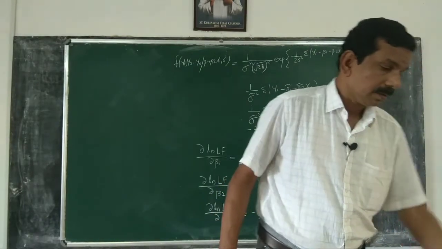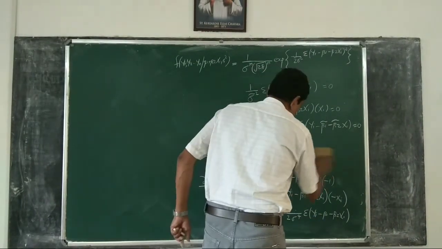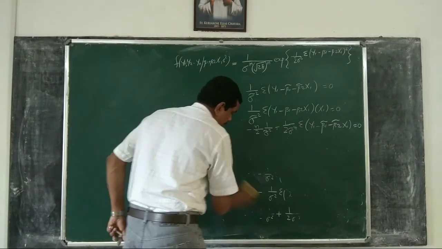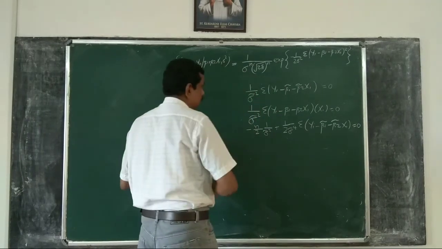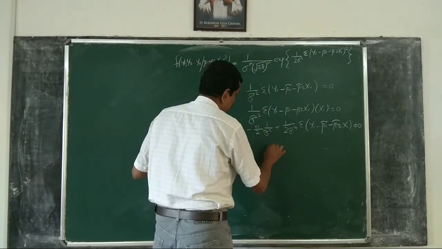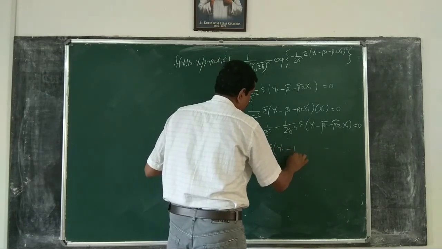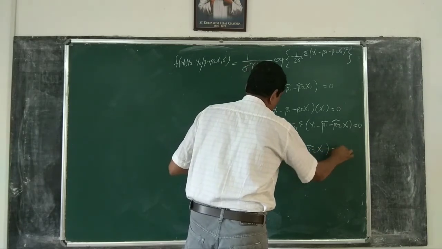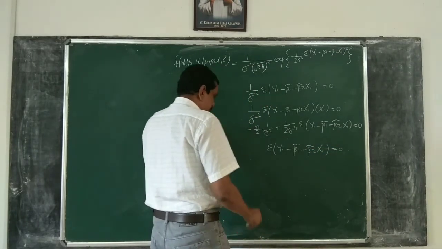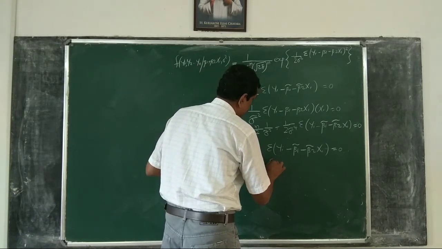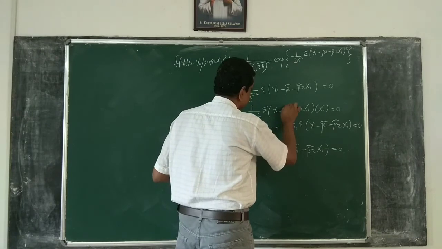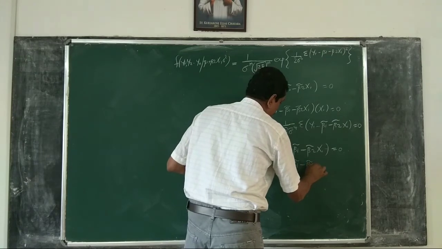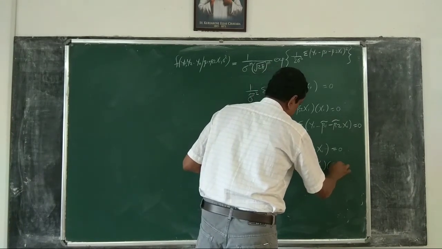Now, as you can see, from the first equation, as this quantity is not equal to 0, sigma yi minus beta tilde 1 minus beta tilde 2 xi equal to 0. And from the second, sigma yi minus beta tilde 1 minus beta tilde 2 xi into xi equal to 0.